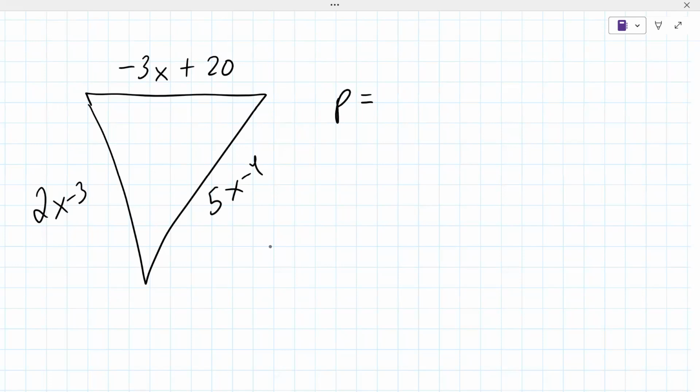All right, so let's see if you can find the perimeter of this one, please, and then we'll move on to something else after this.